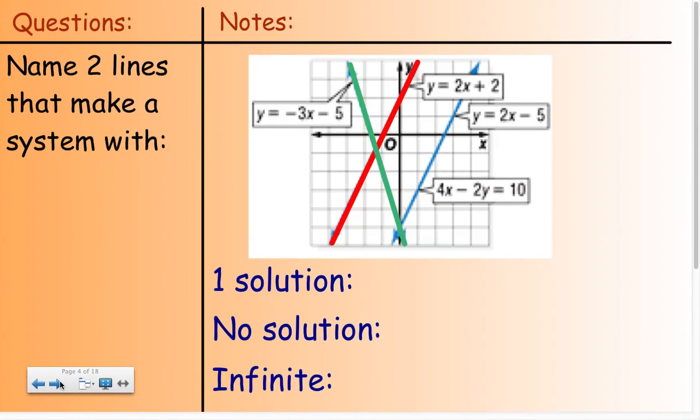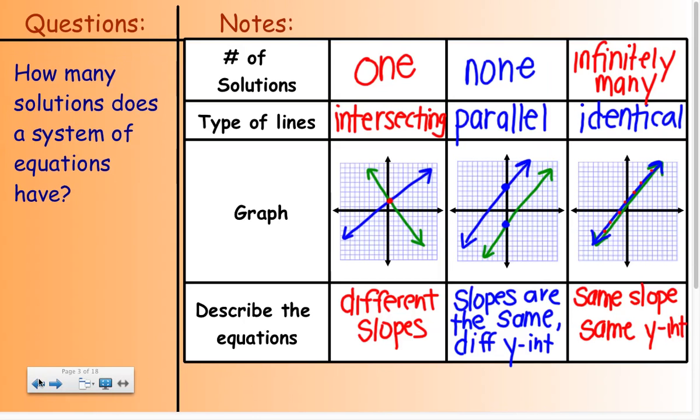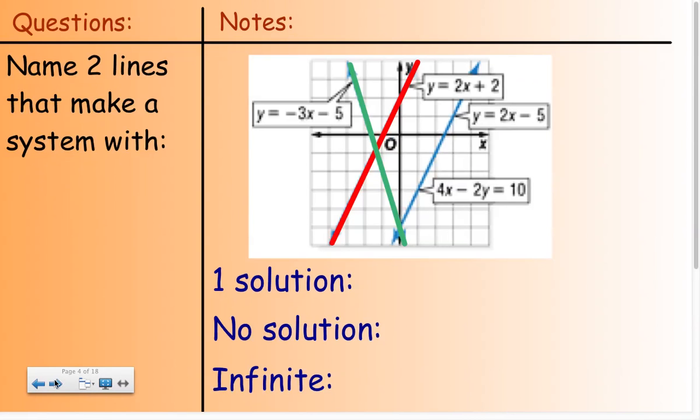All right, name two lines that make a system with one solution, no solutions, and infinite solutions. Okay, so one solution, let's go back to our chart. One solution is right here, and we need the lines to be intersecting. So let's look for lines that are intersecting. We actually have two different options.